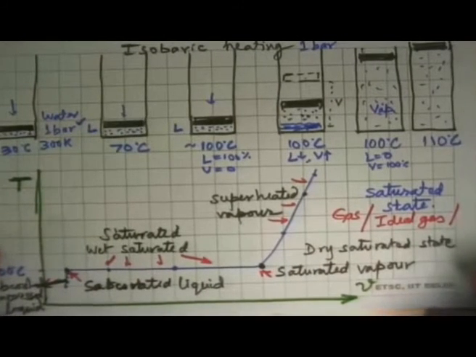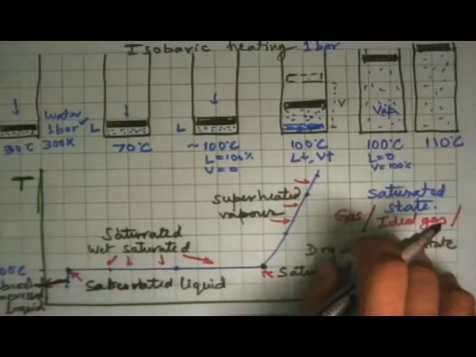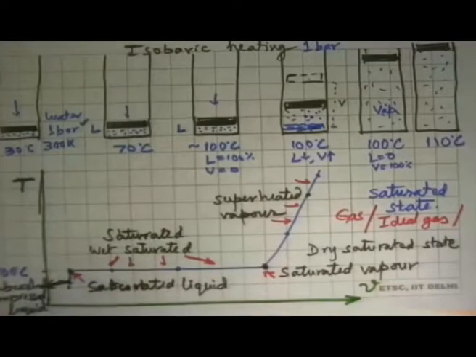Further on, either of two things can happen. The continuum hypothesis may break down, or the substance may begin to dissociate. O2 can break into O and O atoms. So we will not go to that point. But that's what will happen if this heating were to have continued for a long time.